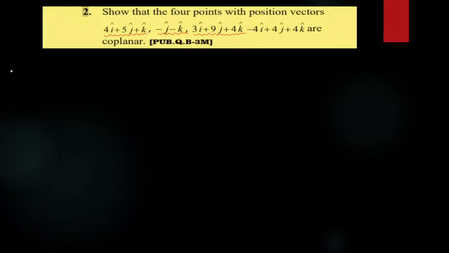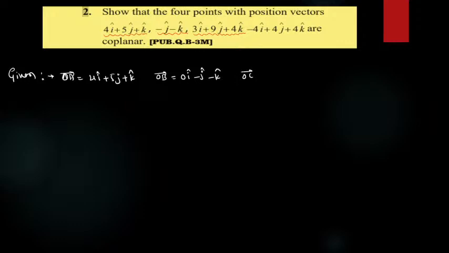What is given here? First vector, I will write the OA vector, as I did before, as 4i + 5j + k.